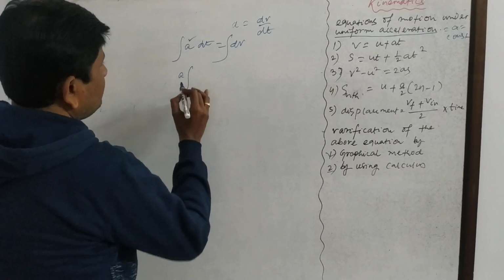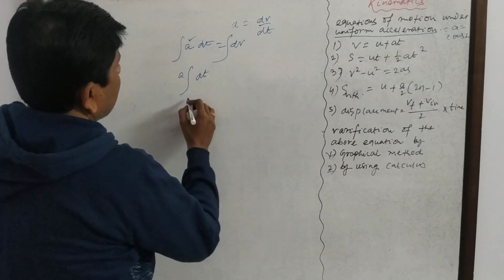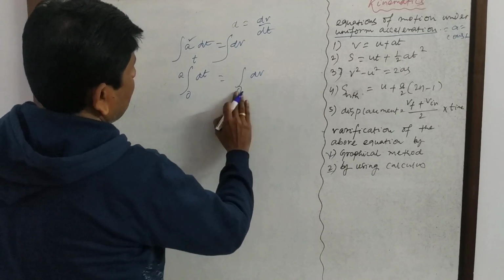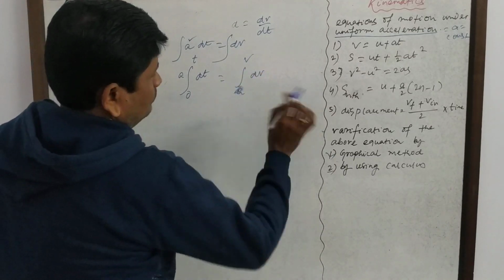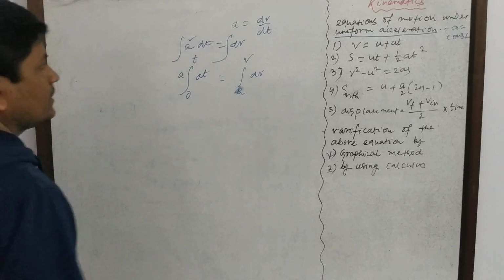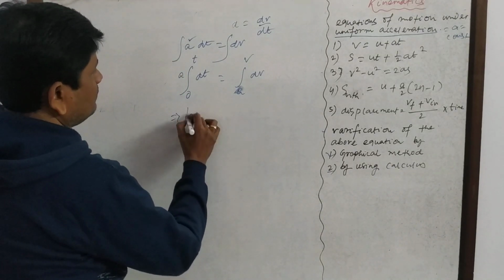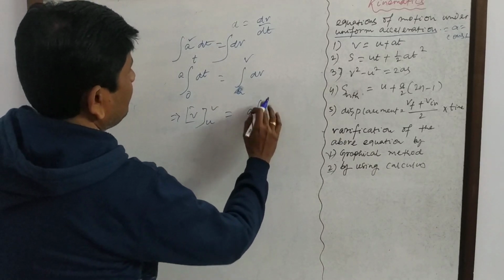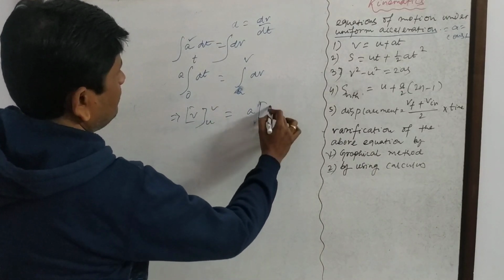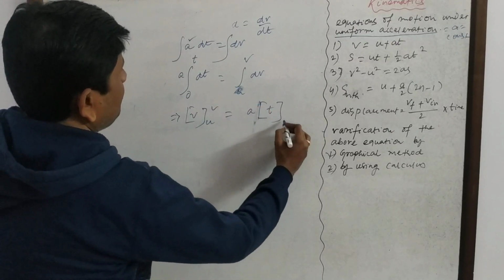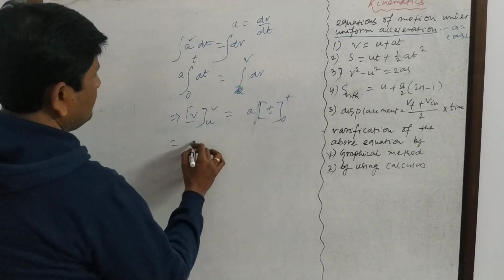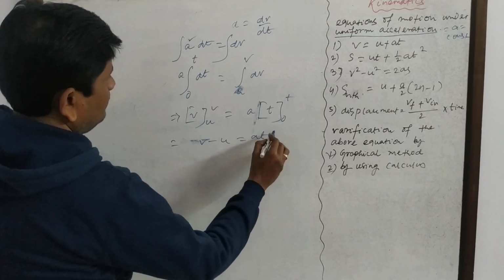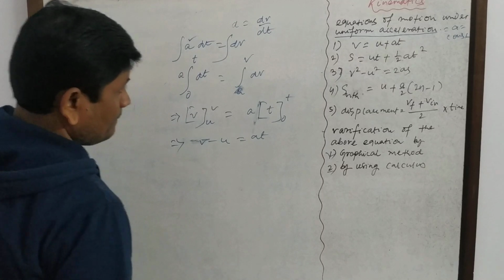Okay, and this is A integral dt is equal to integral dV from U to V. Applying definite integral, V from U to V is equal to A, integration of dt is equal to t, applying t from 0 to t, V minus U is equal to AT. Proved.